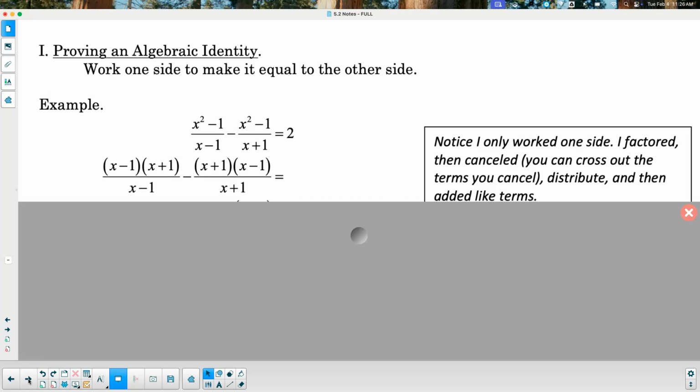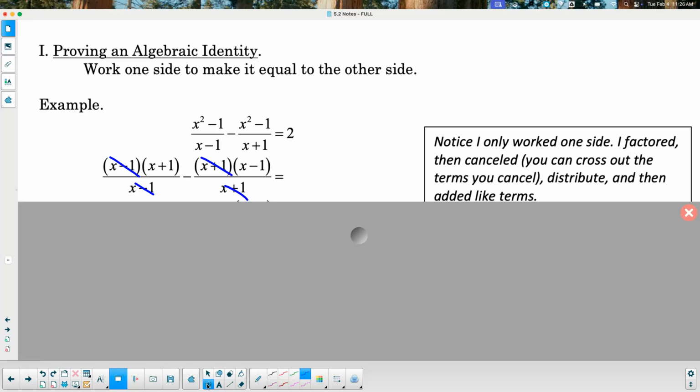Even easier than making common denominators. Get rid of the x minus 1 and the x plus 1, and then it's just x plus 1 minus x minus 1. So like this? Yep.